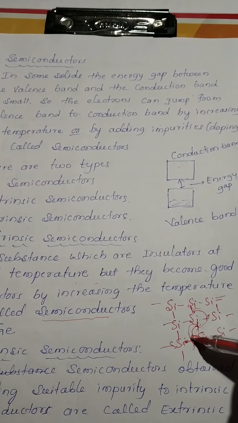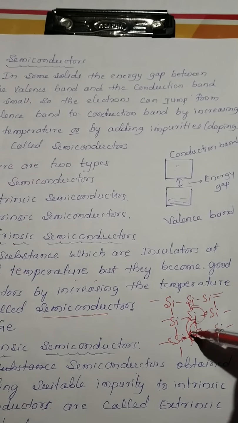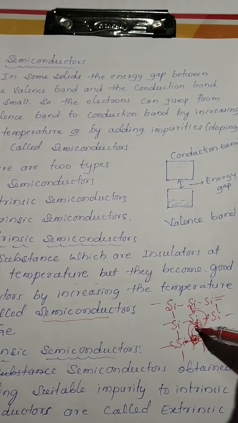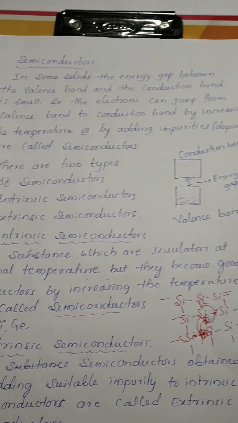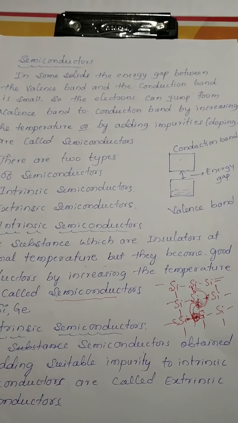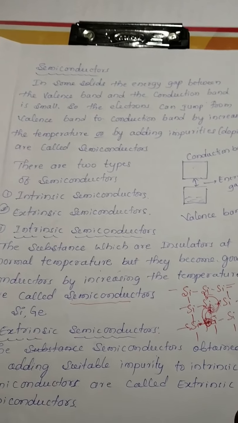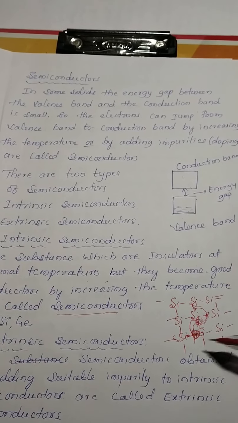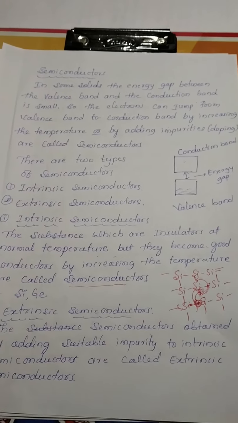If this electron moves from this position to this position, then the electron present in this position moves from this position to that position. Like this, electron delocalization takes place in the crystal. Then conductivity takes place in this substance, hence it is called an intrinsic semiconductor.